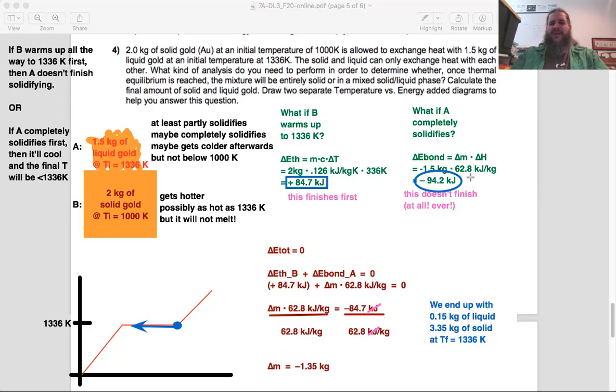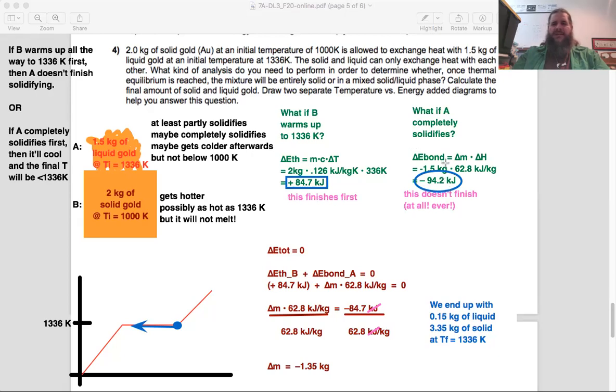But again, they're exchanging energy at equal rates. Like A loses 10 joules while B gains 10 joules. A loses another 10 joules while B gains another 10 joules, and so on. So if B has to gain 84.7 kilojoules, in that same amount of time A is losing 84.7 kilojoules, which is not enough to complete the change, because it would need to lose 94.2 kilojoules to complete the change.